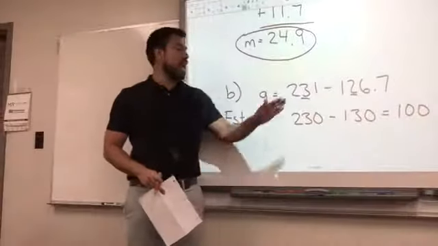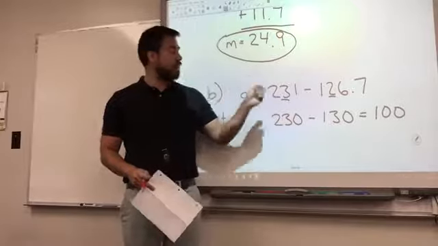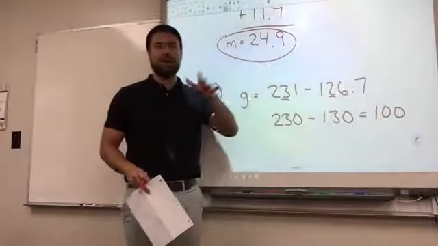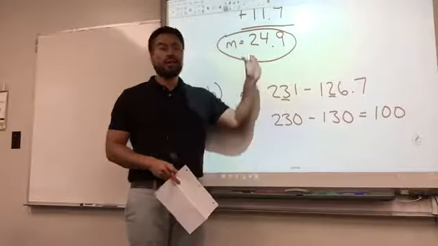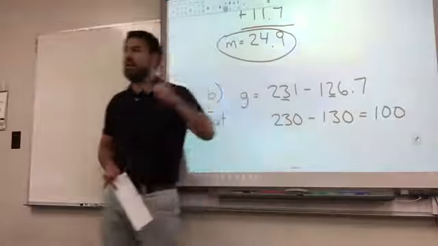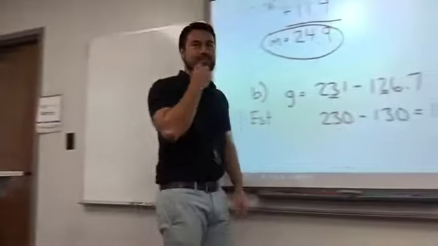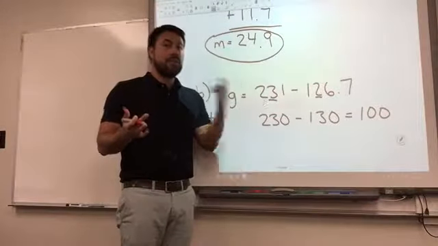Okay, now, did I have to pick the tens value when estimating? No, I could have picked the hundreds. I could have picked the ones, but why would I probably not want to pick the ones? What do you think is not so great about doing the ones for rounding both of these? Anyone know? Yes, ma'am? So it will work, like it'll give you a number. Like, that's easier.